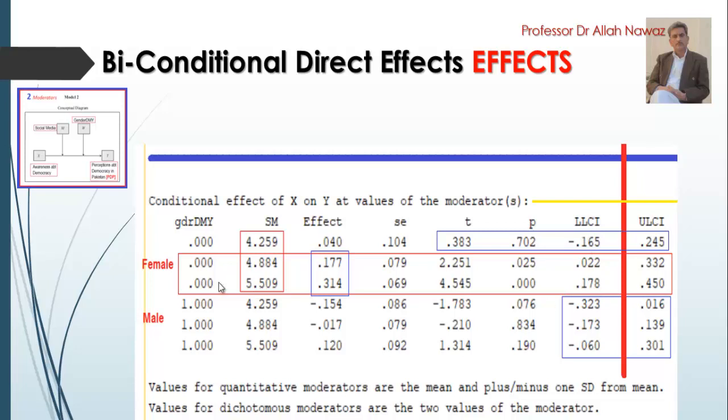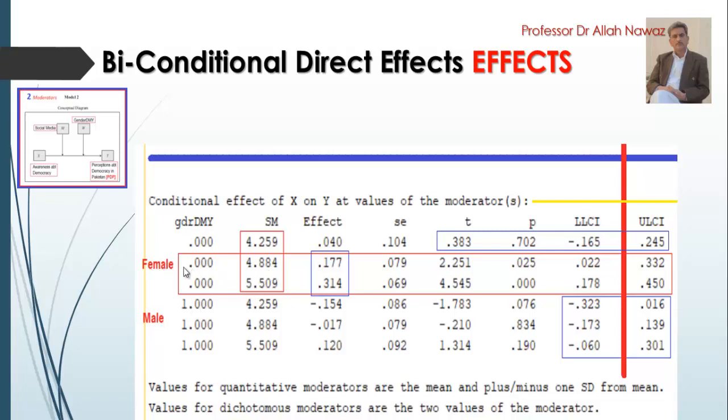So two female groups. For this purpose, you can see that the process model has also grouped the data according to 3 levels of social media as well as male and female.